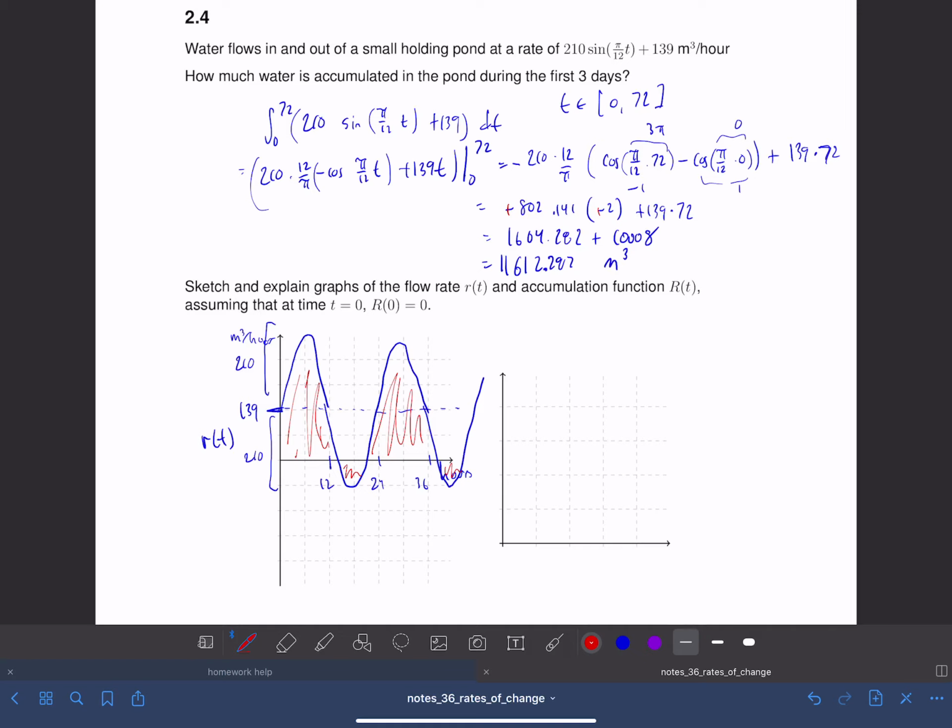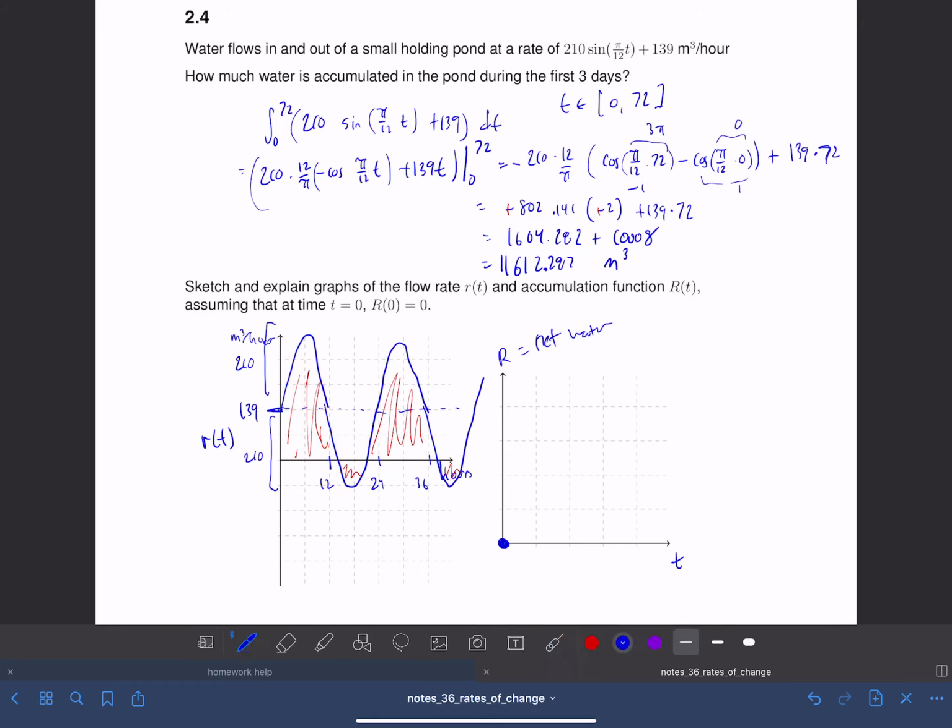If we think about the accumulation function, the net water flowed function, at first it started at 0. This is the R axis, that's the net water, and that's the time axis. As we move over here, we're sweeping out lines and integrating up to that line.